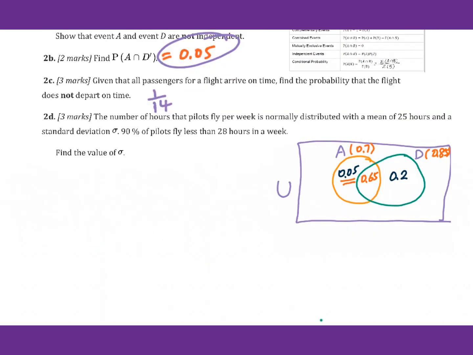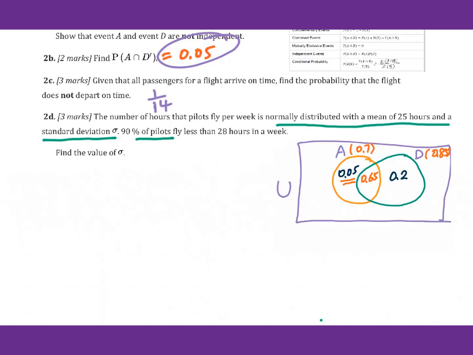The number of hours that pilots fly per week is normally distributed with a mean of 25 hours and a standard deviation sigma. 90% of pilots fly less than 28 hours a week. Find the value of sigma.